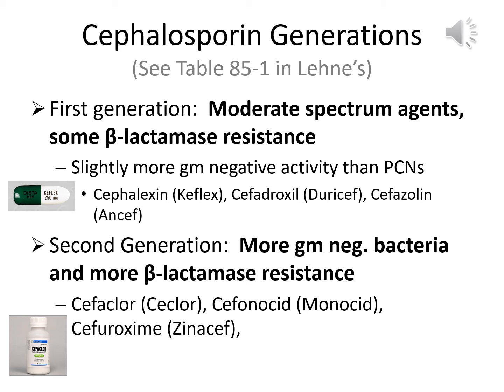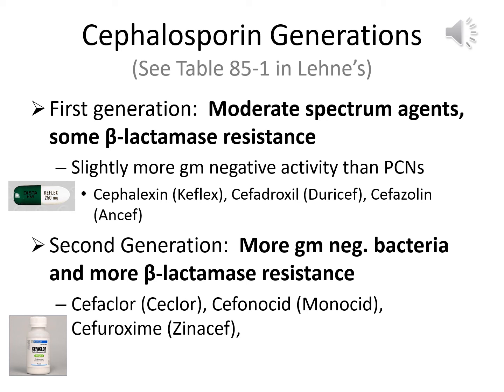Your book has Table 85-1 with a nice table describing these generations. The oldest would be the first, and as we move to different generations, the higher the generation, the newer the drug is that has been put on the market.